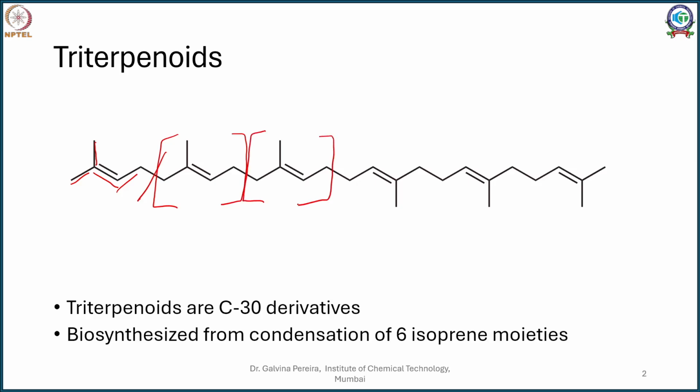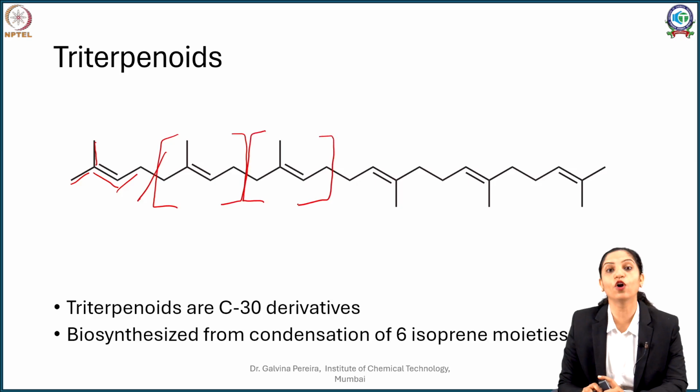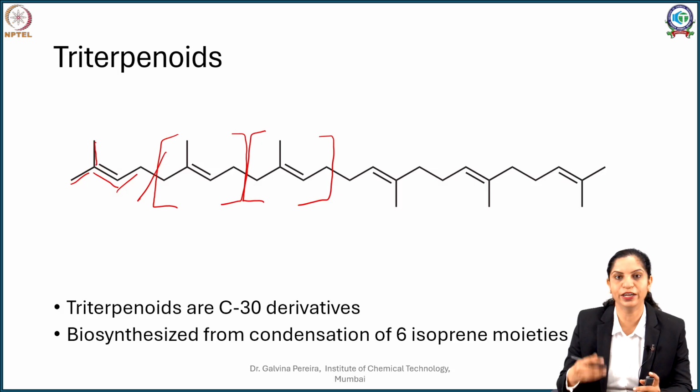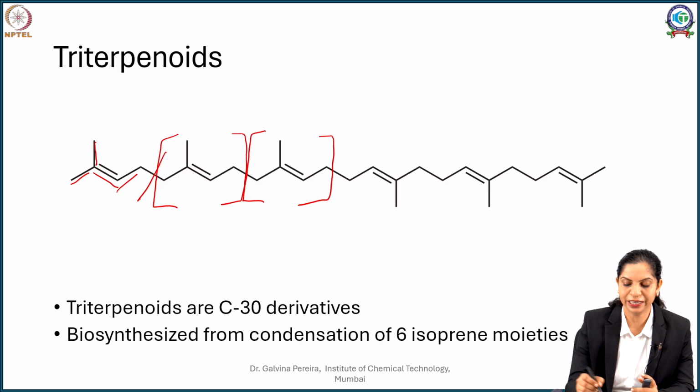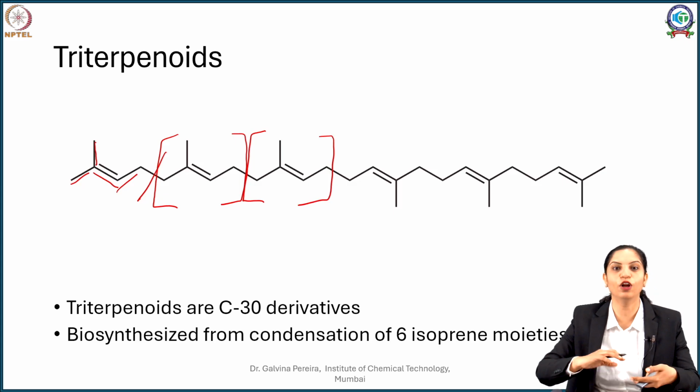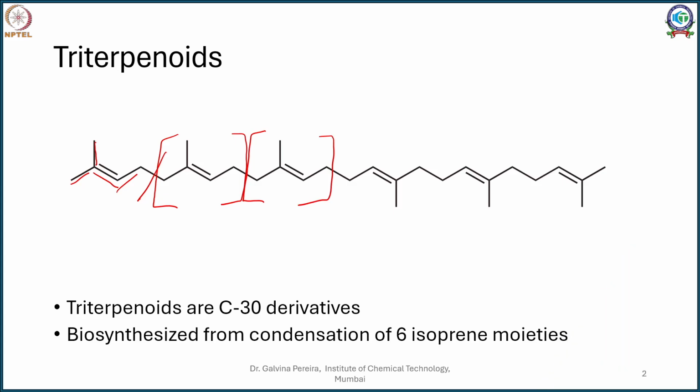Now what happens here is something called tail to tail condensation. Instead of forming a head to tail condensation, this tail to tail condensation causes almost an inverse symmetry. Starting from here you have your next isoprene unit, the next isoprene unit and the last isoprene unit.